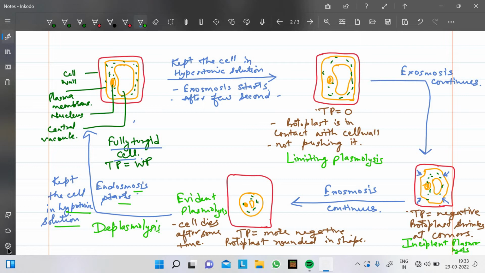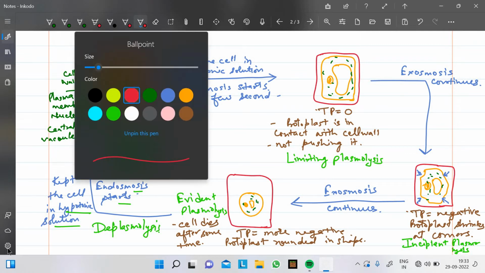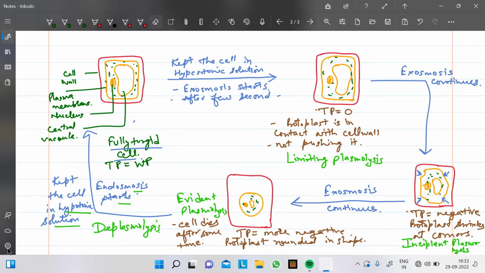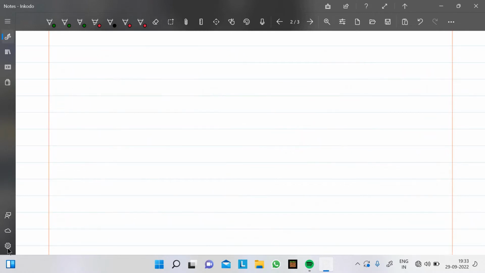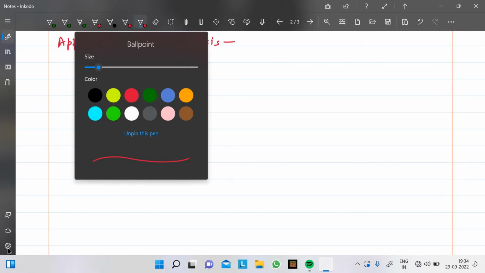Now the question arises in the mind: what is the biological application of plasmolysis? You have all eaten pickles at home.